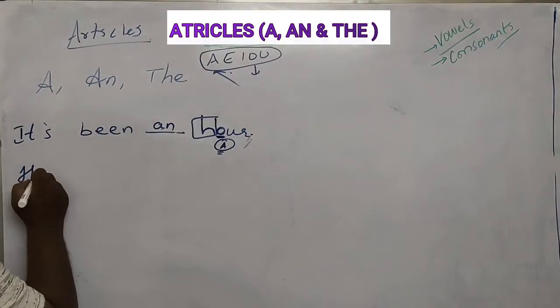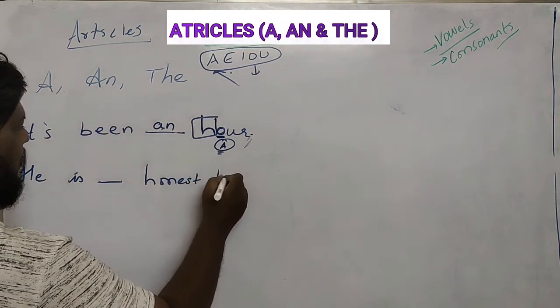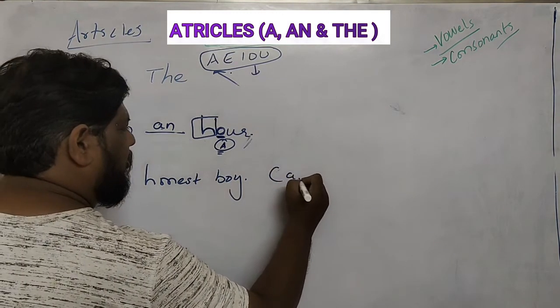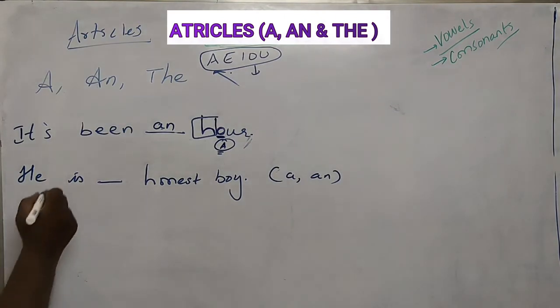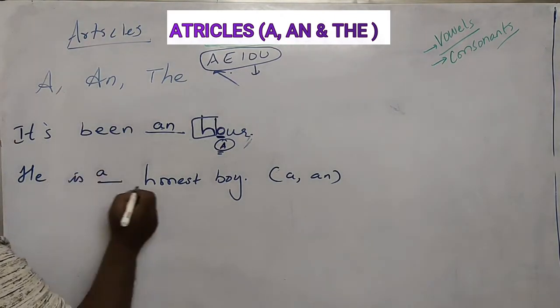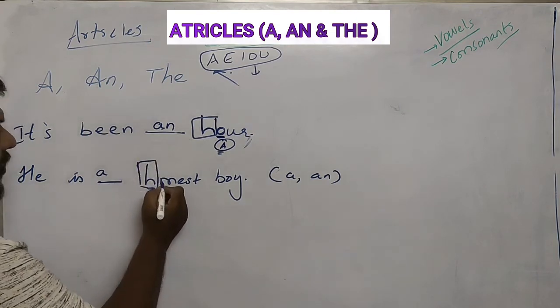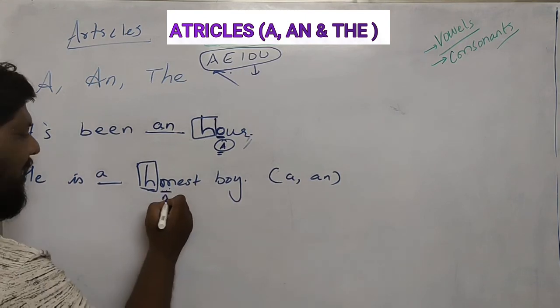Now you tell me this one. He is dash honest boy. What do you write here? A or "an"? Which one? Yeah. So you should not write A here just because H is a consonant. No. Here the H is silent. Again you will pronounce it as "onest". That is, an A sound is coming here.